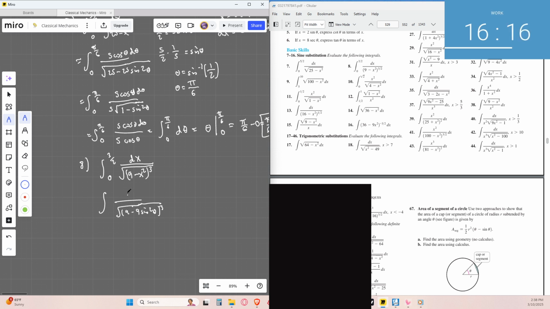Then for x, it will be equal to 3 sine theta, meaning that dx will be equivalent to 3 cosine theta. Okay. Sounds about right.